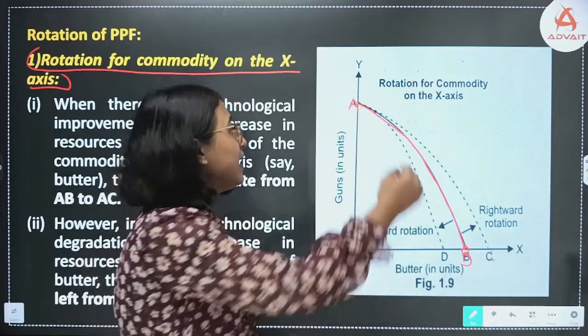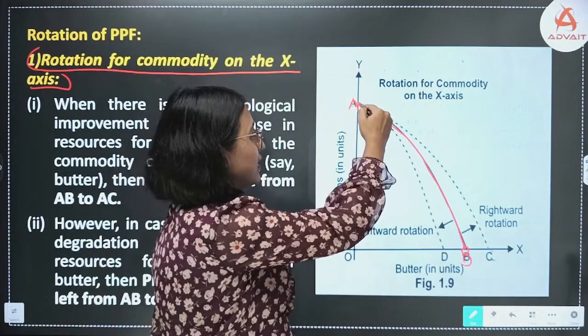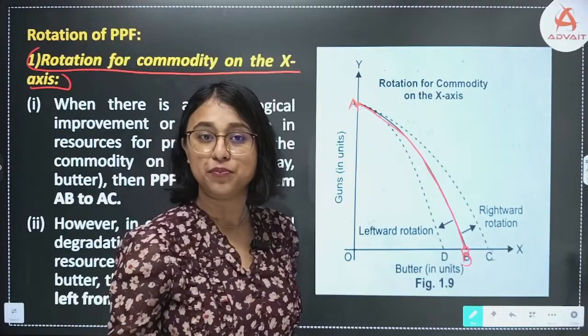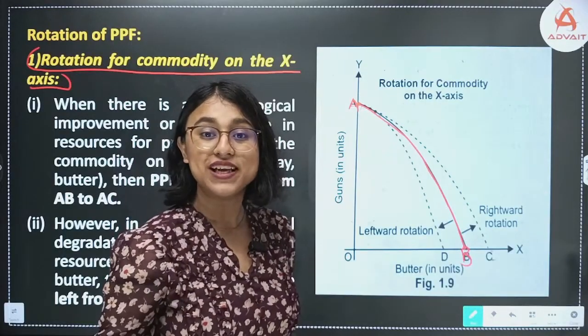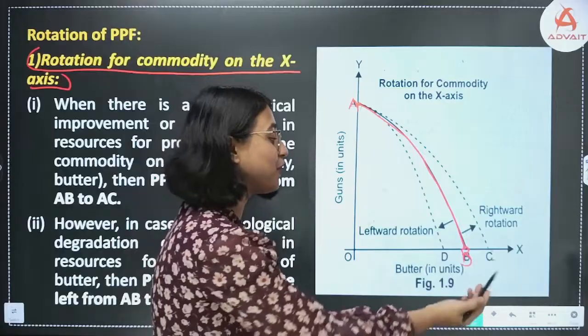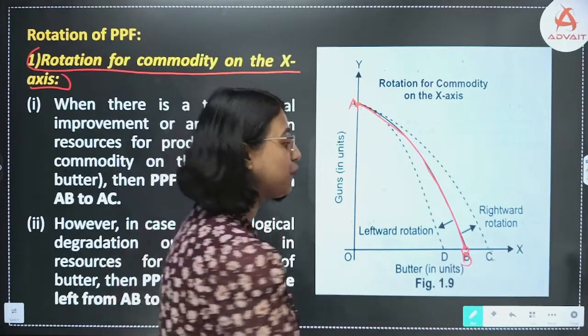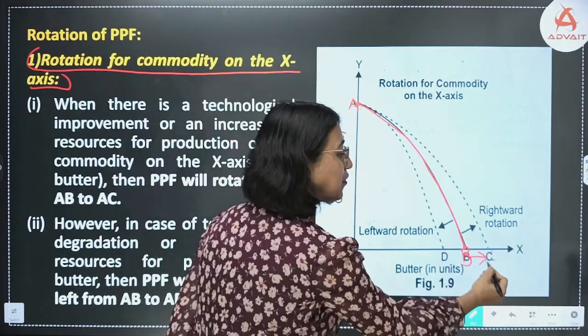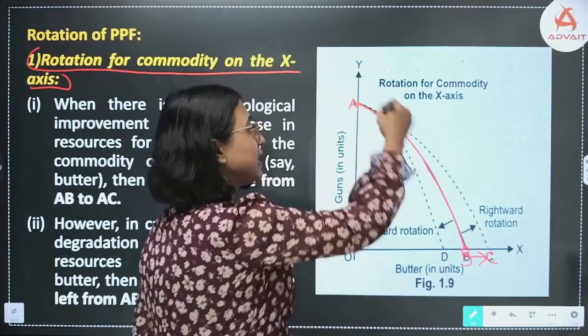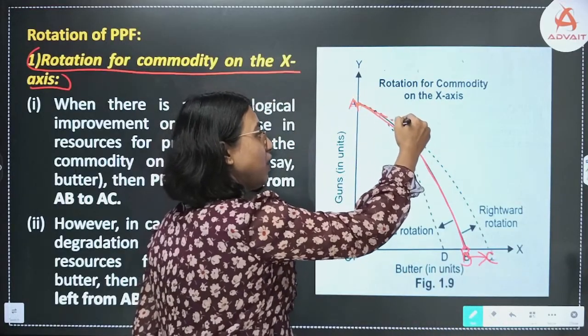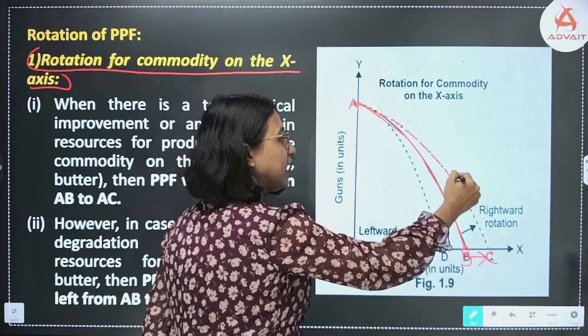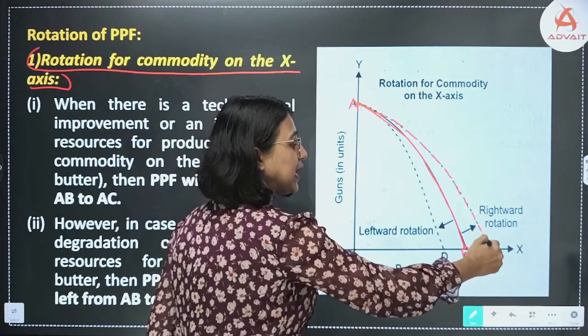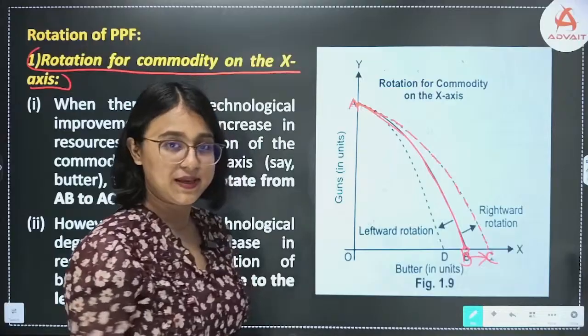Tamane et kono improvement nai. Karon ganjot kono technology improvement hua nai. Improvement code hoise kihor production hoise, it is for the production of butter. Therefore, only production of butter will increase from B to C. As a result, there is a rotation of the PPF along the x-axis from AB to AC.